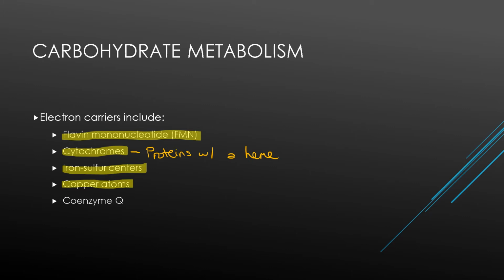Copper atoms also act as electron carriers, and also coenzyme Q. Often we just call this Q. This is actually a non-protein carrier that is mobile in the lipid bilayer of the inner membrane, and we'll see it a little bit later.